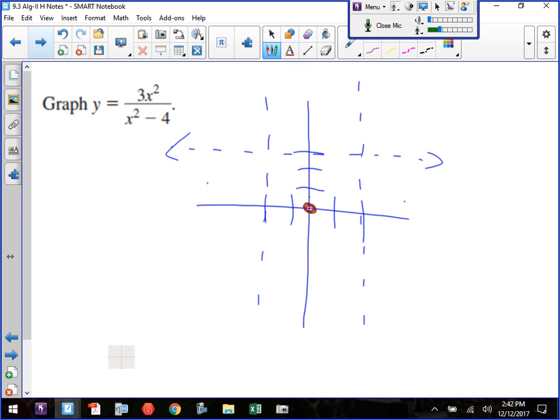What I mean is, you're going to have to pick values to the left of -2, pick values in between, and pick values to the right of it. That'll show you what's happening within all 3 of those different boundary areas. That's what's going to happen as these things become more complex. Once you start picking values of x, you'll know where things are.